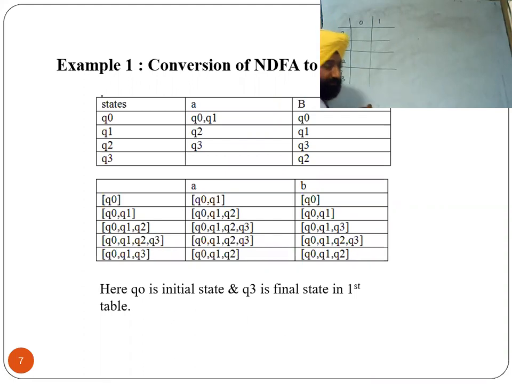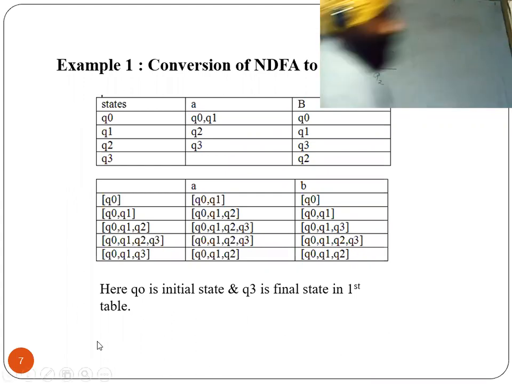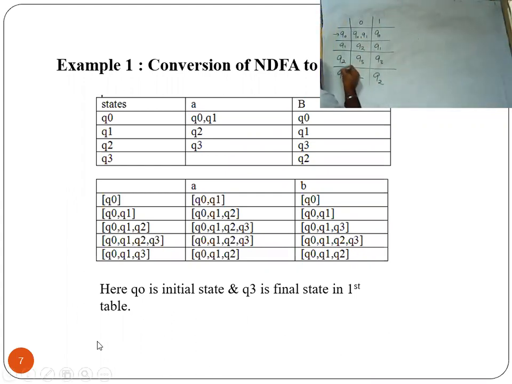Q0 upon the processing of a goes to Q0 comma Q1. Then we have Q2 and Q3 with a dash. Next we have Q0, 1, 3, and Q2, right? So this is the table which is given to you. Here Q0 is acting as the initial state and Q3 is acting as your final state.